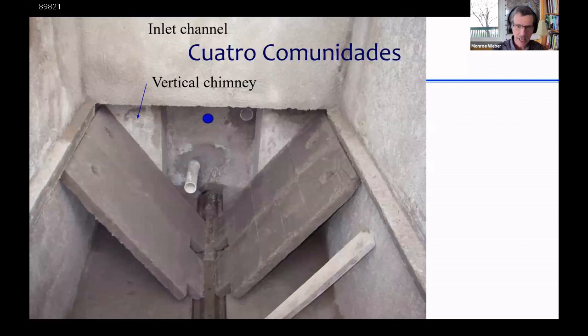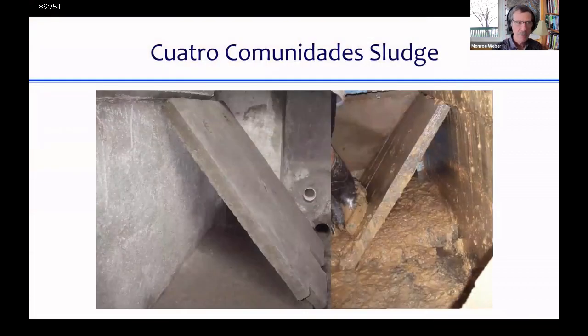So let's look at what actually happened. So now I'm showing you the good and the bad. On the left is what it looked like when we made it, and on the right was a few months later. And you can see there's a worker in there with his boot. I'm showing half the image.